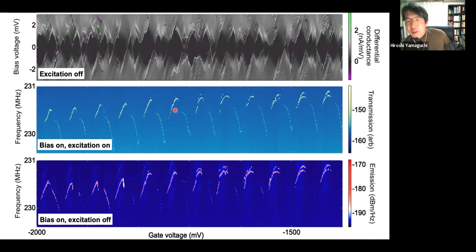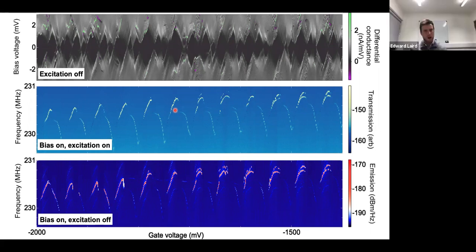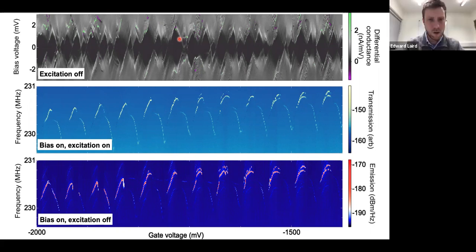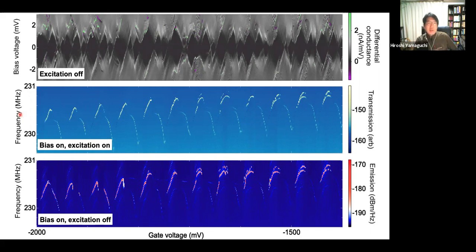So the damping, the characterization of the width of the peaks, can you comment on that? I think the question is: why are the Coulomb blockade peaks not infinitely sharp? Why do they have this smooth dependence?